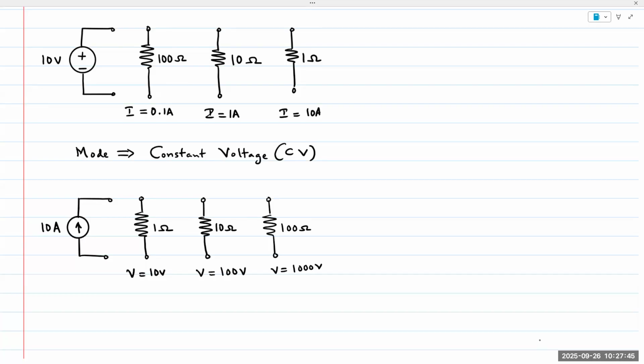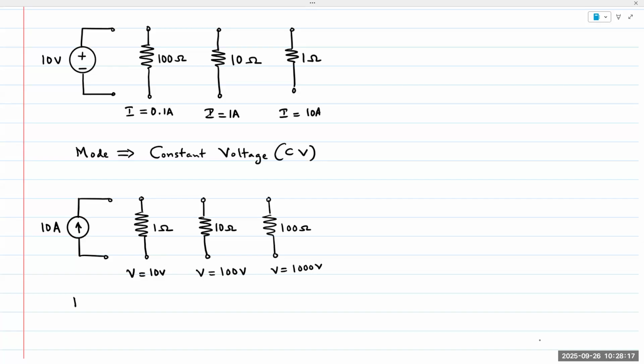So the point of this is that the current source will supply its rated quantity, meaning if it's set at 10 amps, it will supply 10 amps regardless of what is connected at its output terminals. It will change the voltage across itself at the output to match the requirement of the load. And that's what makes it a current source. That's it. There is no other difference or physical difference in the actual power supply.